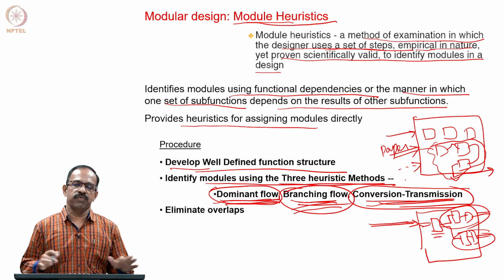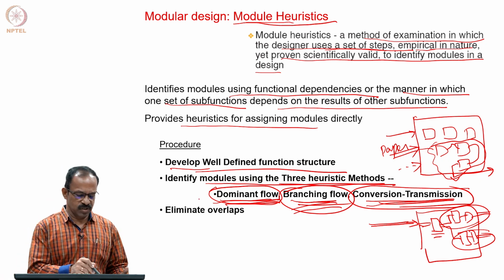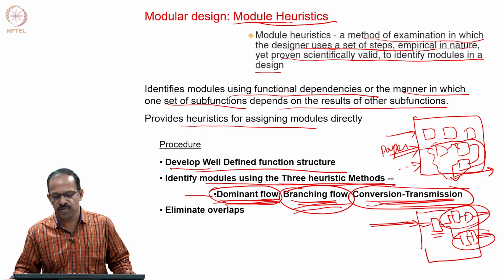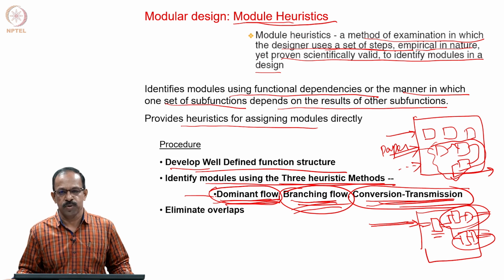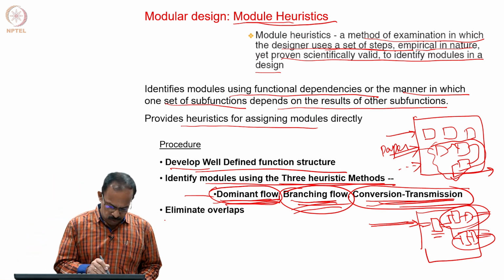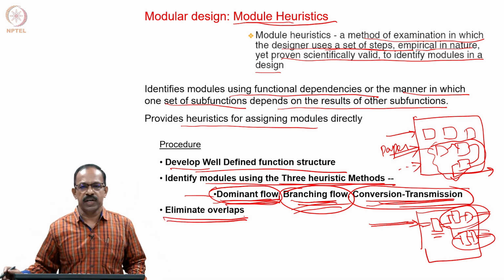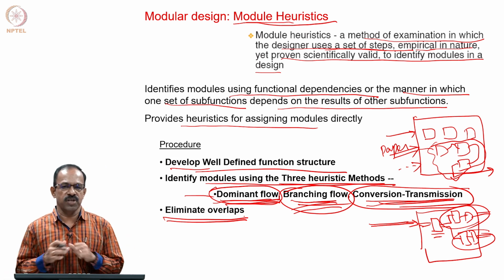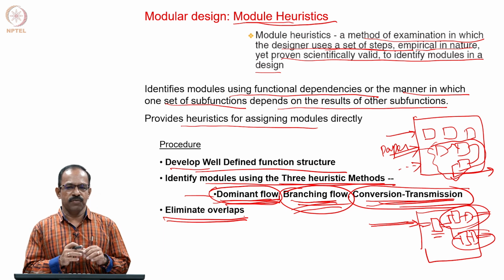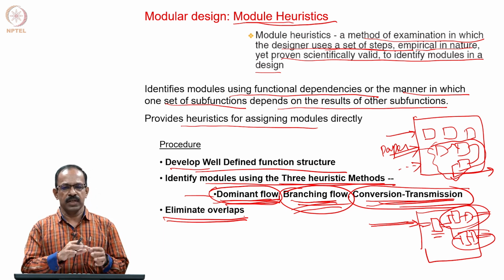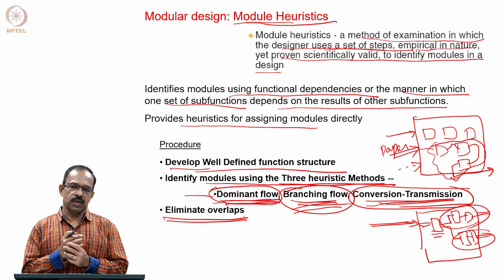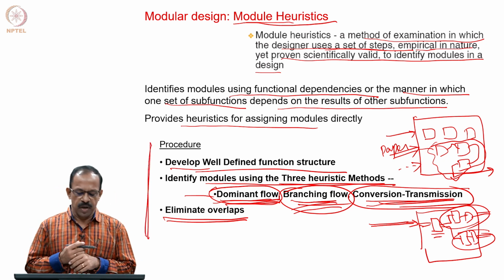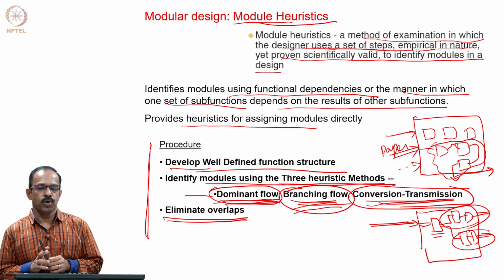But we will try to identify all possible modules using the three heuristics, that is the dominant flow, branching flow and conversion transmission heuristics, and then eliminate these overlaps. Based on all the identified potential modules, we identify the overlaps, eliminate them, and then identify the modules. That is basically the procedure for heuristics based module identification.